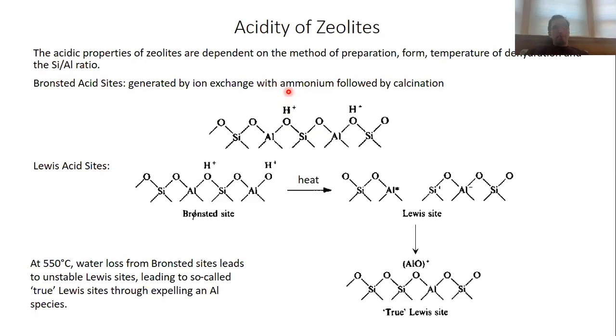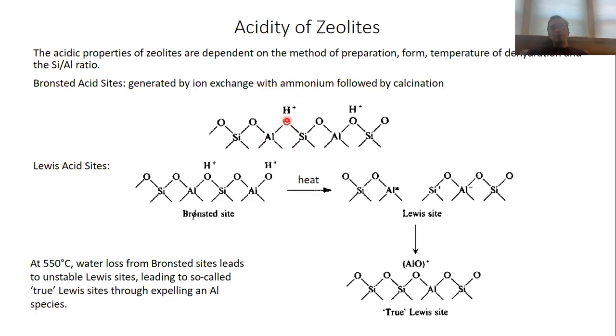So where are these protons? The Brønsted acid sites are actually located on the silicon-oxygen-aluminum bridges. The aluminum formally carries a negative charge. Therefore, the H+ tries to come as close as possible to the aluminum, but it cannot coordinate to the aluminum directly, so it coordinates to the oxygen next to the aluminum.